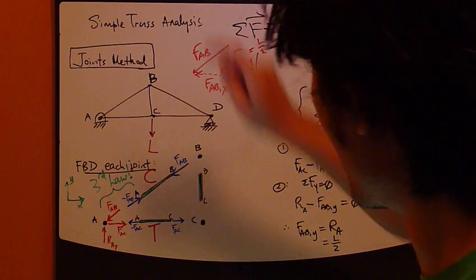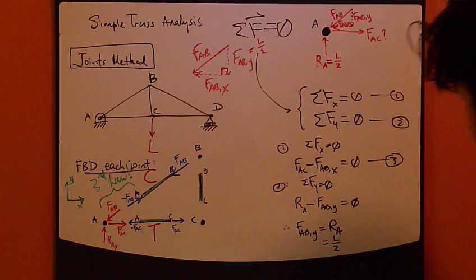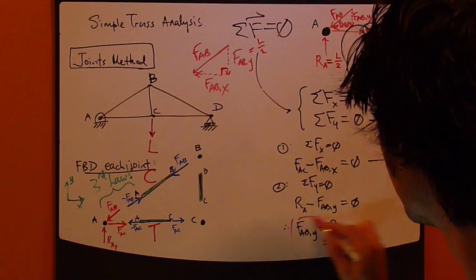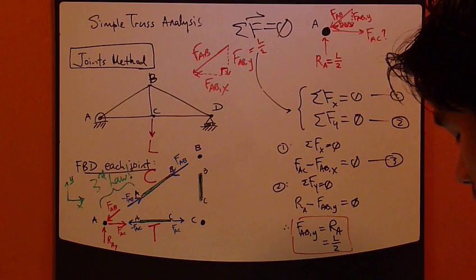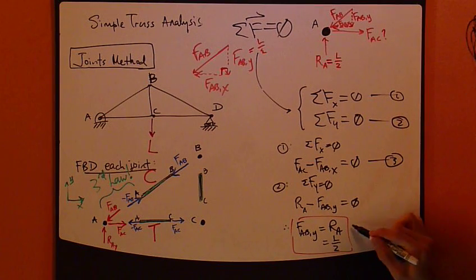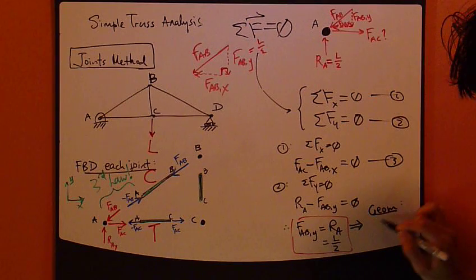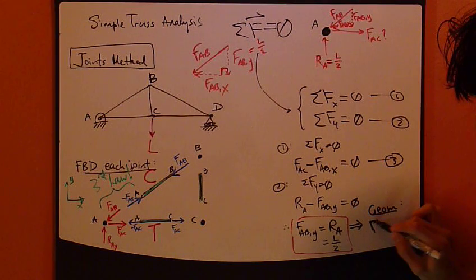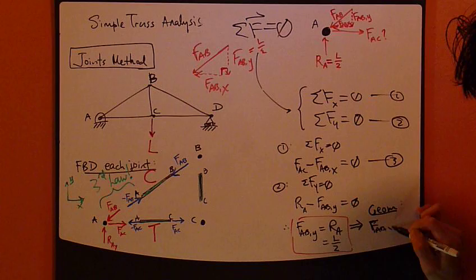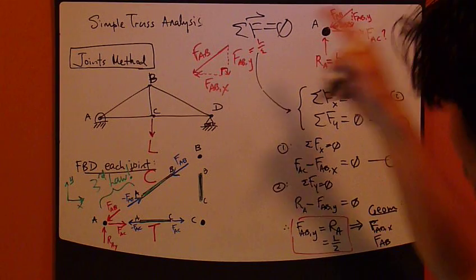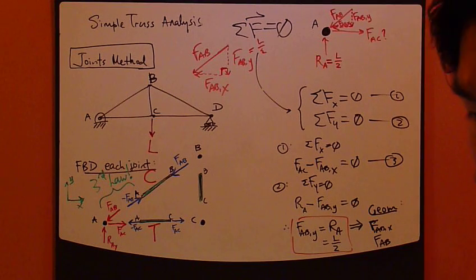This is just a hypotenuse. This is like the intermediate result. And using geometry, you can find out FABX and FAB, which is one of the unknowns.